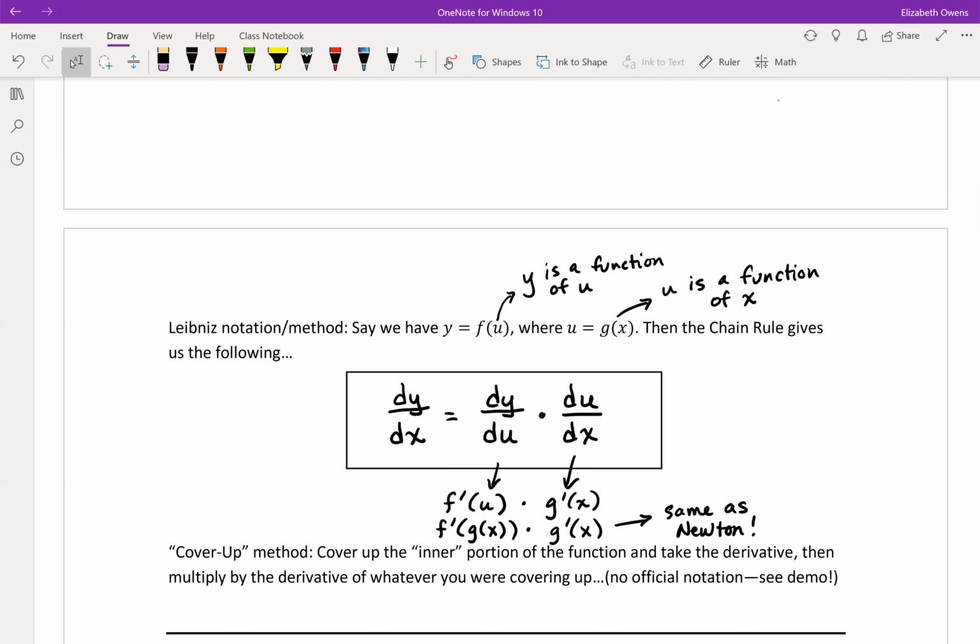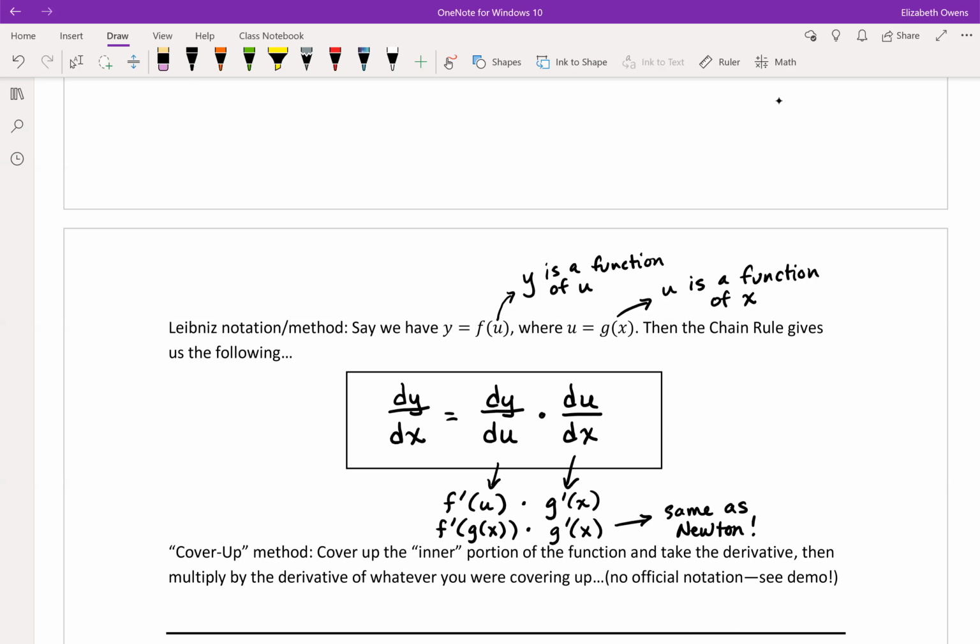I call this the cover-up method, or sometimes I'll call it the hand method. And the idea here is not easy to write down. It's easier to just do it to a problem. So I'll demonstrate for you in just a little bit here.